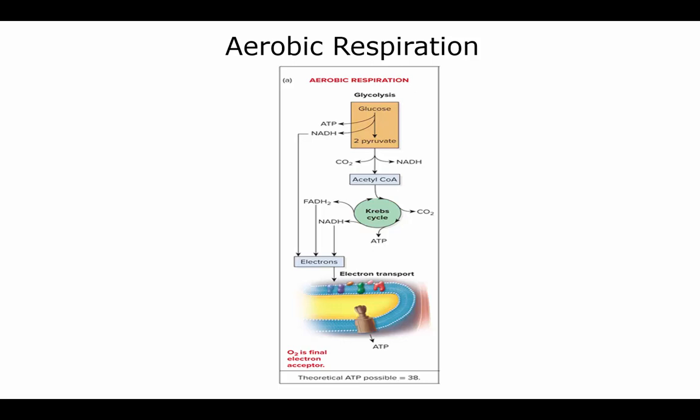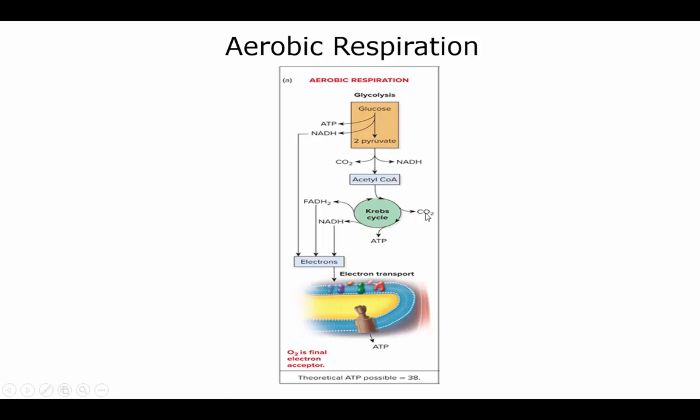So in looking at aerobic respiration, it starts with glycolysis. We take glucose and we split it into 2 pyruvates. And you see we've made a little bit of ATP, and we put the electrons in the carriers, the NADH. Alright, then the 2 pyruvates are going to go into the Krebs cycle.